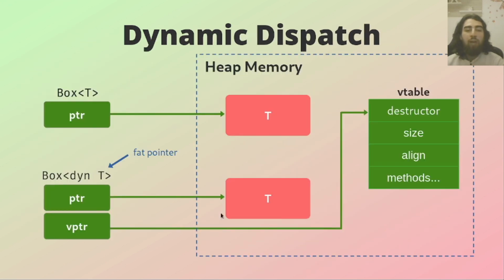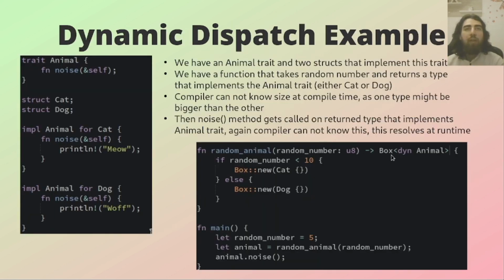So again, the compiler will then look up in this vtable over here using the vpointer, which points to the vtable stored in heap memory. And then it will check for the concrete type that got allocated on heap memory the specific methods. So for example, again, this is happening at runtime.